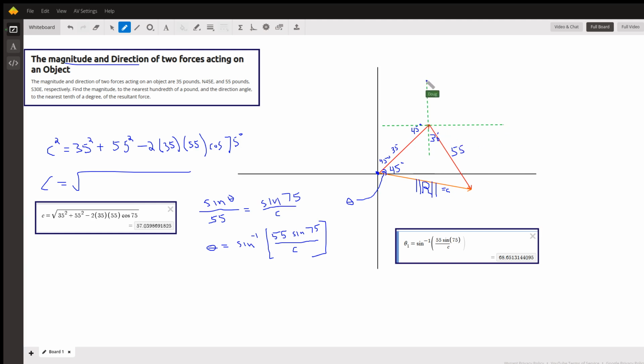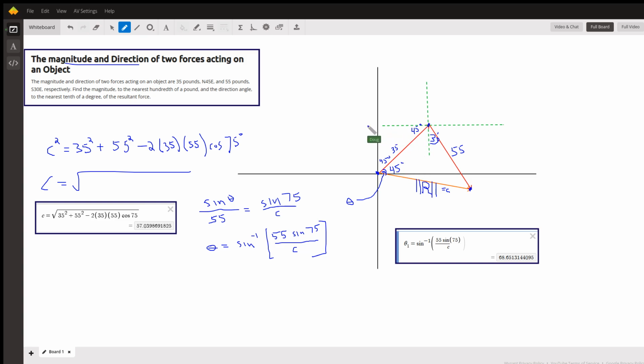And so we're going south 30 degrees east for the second vector from the head of the first vector. And that takes you down to a magnitude of 55 down to this point somewhere down here. And we want to find the length of this side, which is the magnitude of the resultant vector. And then we'll talk about the direction of that vector in a second.